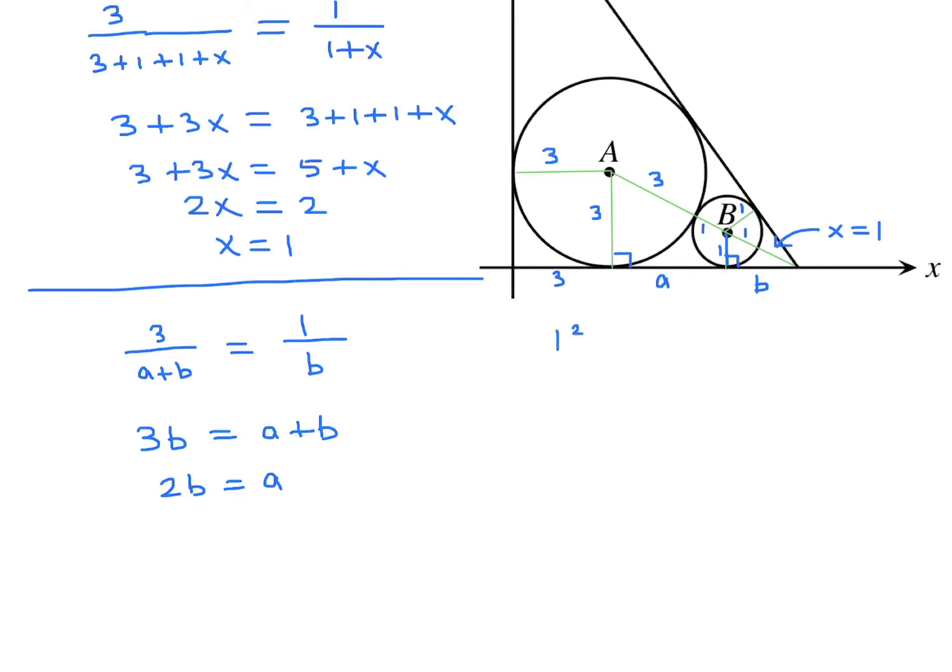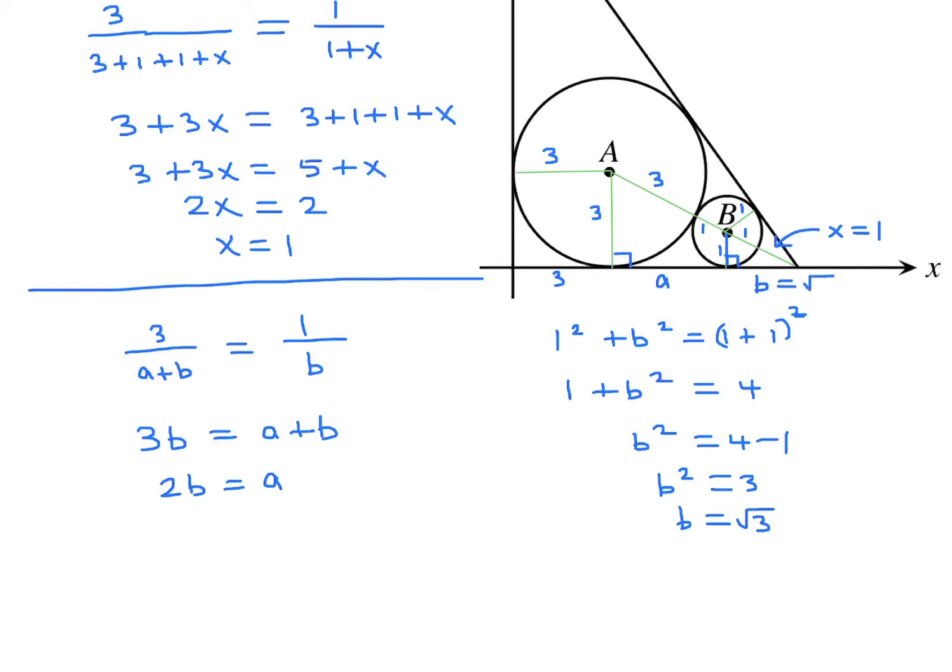So we have 1 squared plus b squared is equal to 1 plus 1 squared. And this is 1 plus b squared is equal to 4, 2 squared. And therefore b squared is equal to 4 minus 1. b squared is equal to 3. So b is equal to root 3. So I can label that in there, root 3.